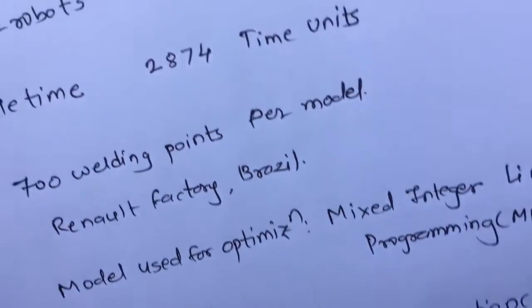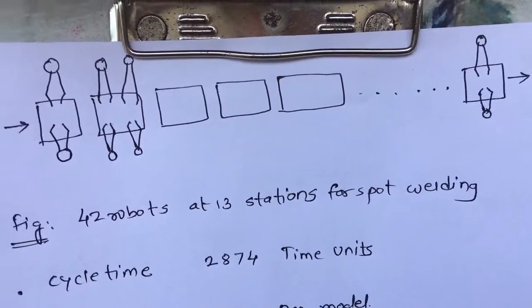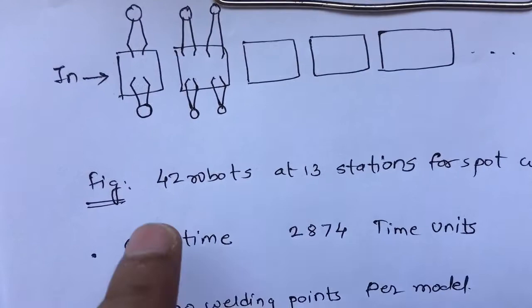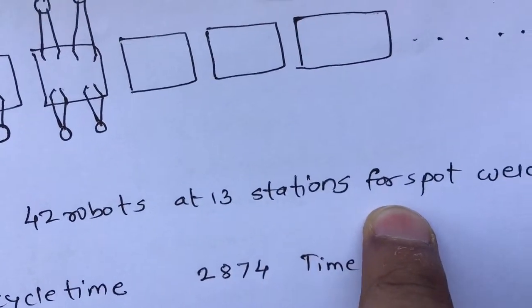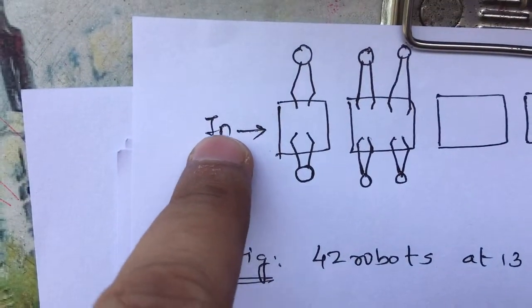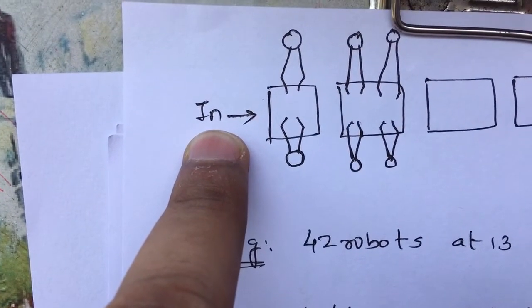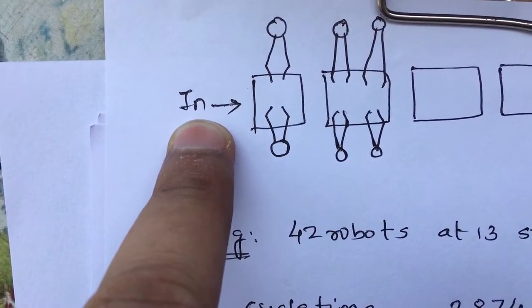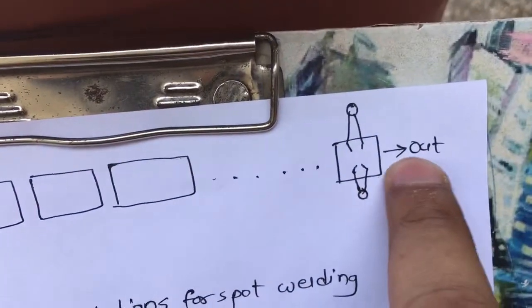So with these multiple assumptions, let us look at the specific layout of the robots in this application. There are a total of 42 robots at 13 stations for spot welding. Look at this one. The workpiece will be present over here. This could be a part of a vehicle like a car door, and this is the incoming point and this is the outgoing point.